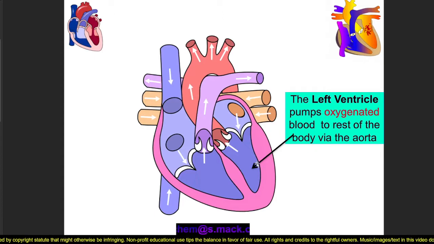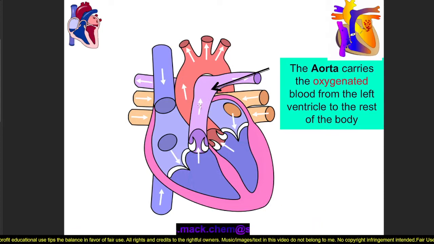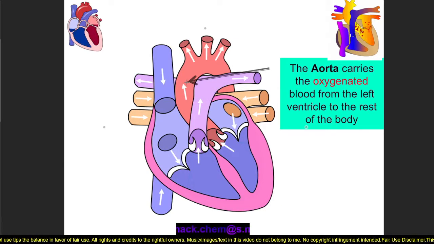The left ventricle will then squeeze and pump this oxygenated blood to the rest of the body, and it does so through a vessel, and I'm looking at the red colored vessel here. This vessel is what we call the aorta. Right, so this is the aorta.